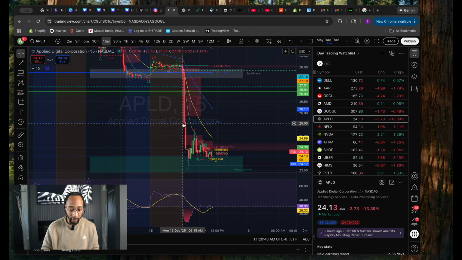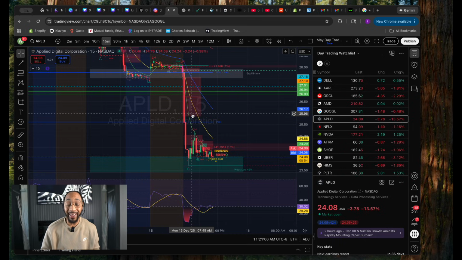And then we came down and we closed right here. Now, a lot of people are going to think that, okay, it's about to come up because the candle opened here and it started to push up. They're going to take entry right here as it's going up. And then what's going to happen? It's going to reject off of this fair value gap that they did not see, right? And then it is going to come down and they're going to lose money, right?